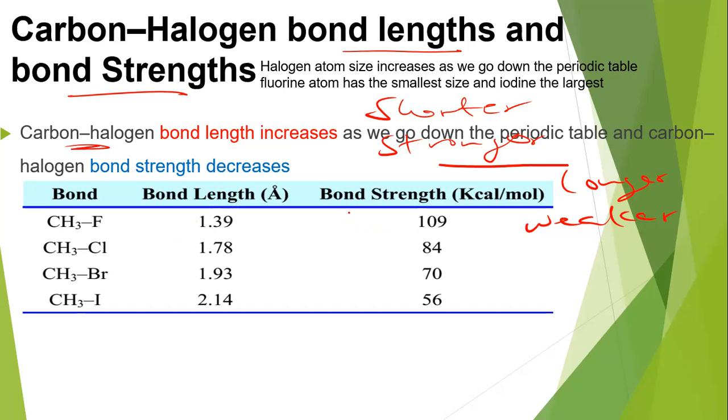They told us that down the group, the size of the atom increases, such that fluorine will have the smallest size, going towards chlorine, then bromine, and then finally iodine. So the size increases. If I'm forming a bond with carbon, carbon would roughly have the same size, right? And then there's an overlap to form the sigma bond.